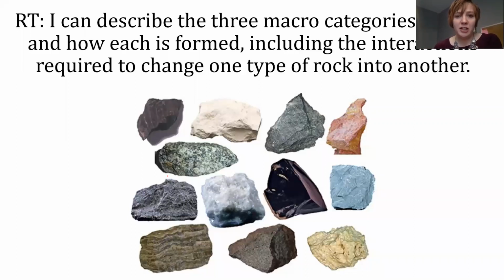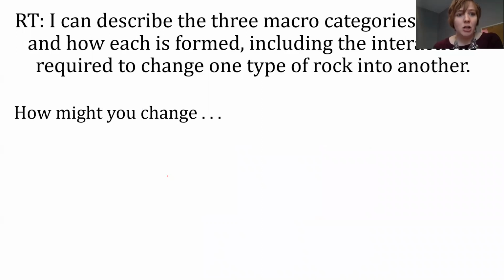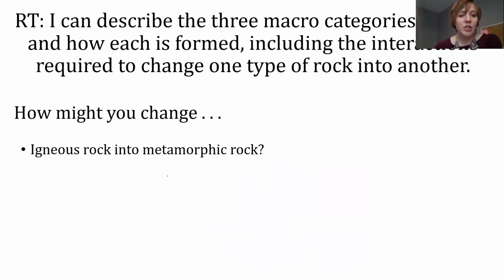The next part of this talks about going from one rock type into another. So how might you change igneous rock into metamorphic rock? Well, I'm going to go ahead and answer this one sort of in a concept map style, since you will be asked to create your own concept map for the rock cycle. So I'm going to start by thinking about igneous rocks.